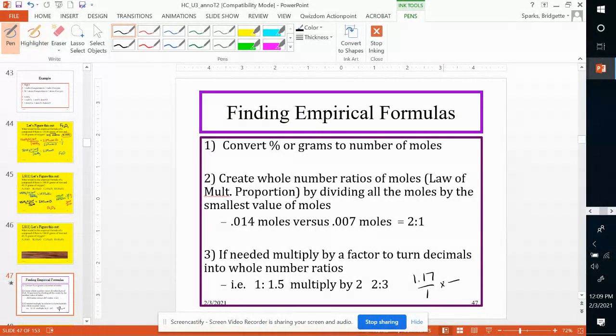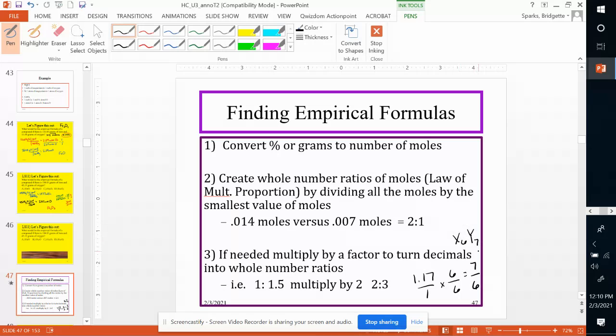No, that's too far away from a whole number. 1.17 times 6? Oh, that gets me a whole number, 7.02. So my multiplier is 6, and that gets me this value to 7 and this value to 6. So if something had this as their ratio, now I can say X6, Y7.